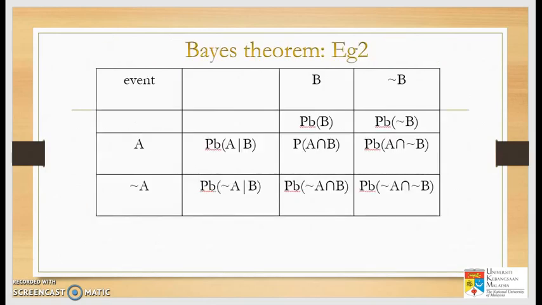Now we'll look at the second example. This is another type, also a contingency table, but this time we don't have a total.